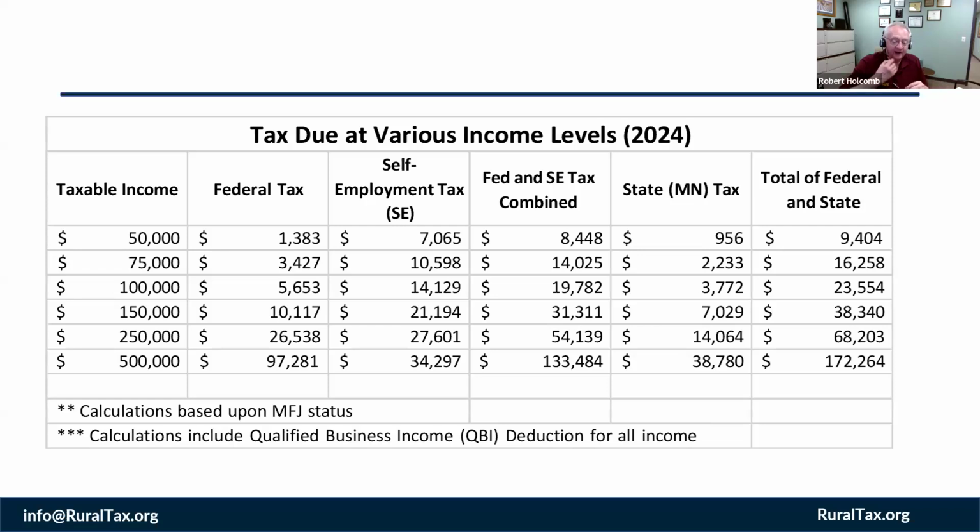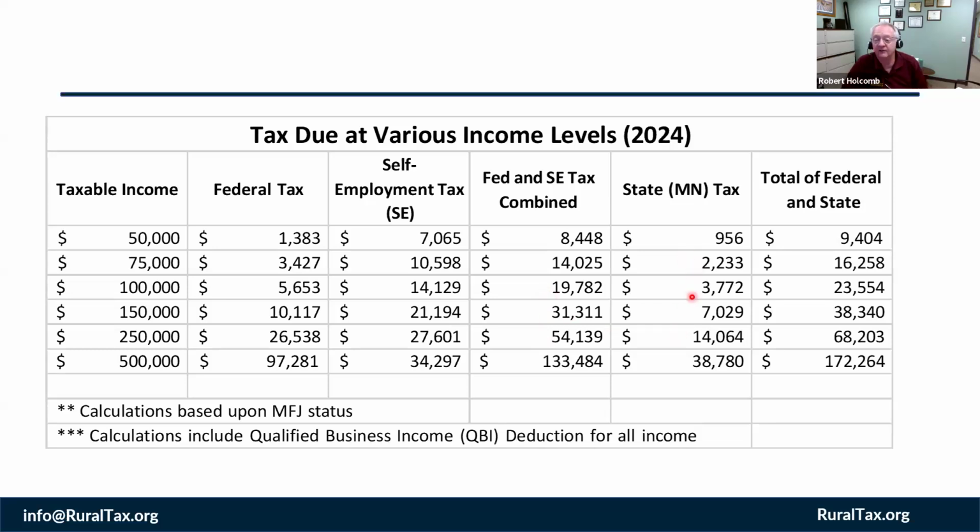Okay, I ran some numbers here, and there's not much to talk about. What I did is I took my tax software and dropped in farm income that was all subject to self-employment tax at different tax levels. I calculated the amount of federal tax, the amount of self-employment tax, and that combined amount.